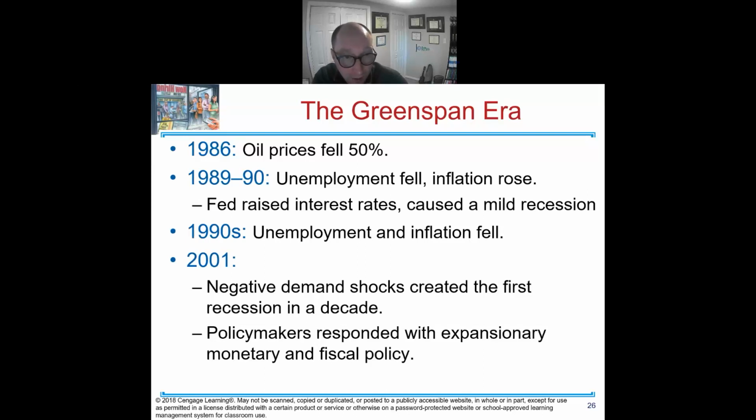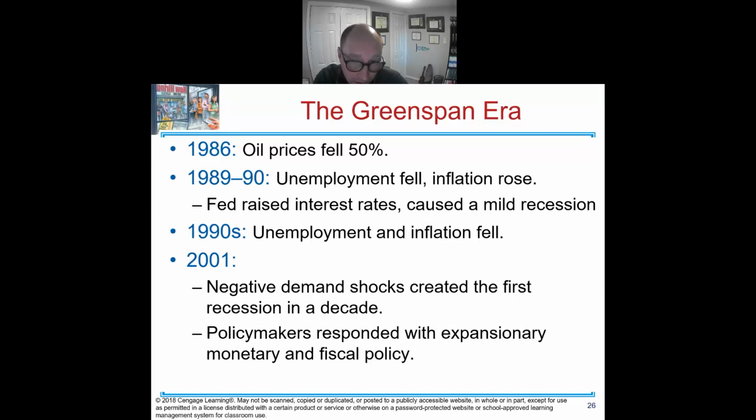The unemployment rate came down 1989 to 1990 because more people were back to work after a period of high prices. But this also caused the inflation rate to rise. Remember the Phillips curve. The Federal Reserve decided to raise interest rates during that time to combat inflation.